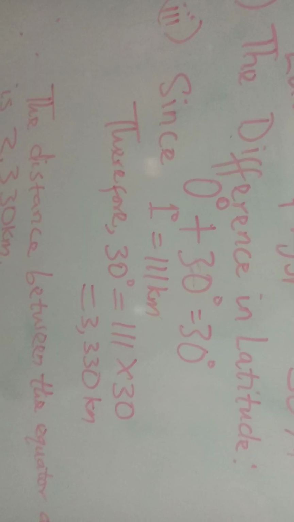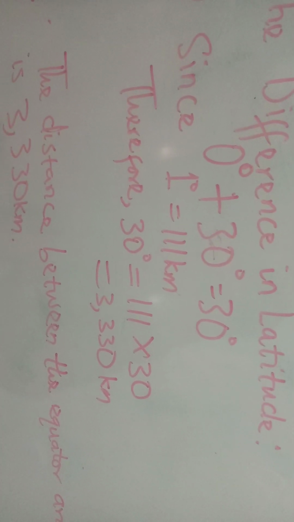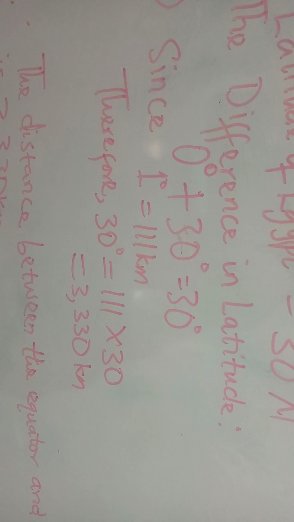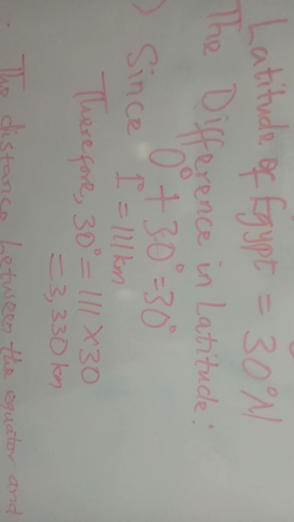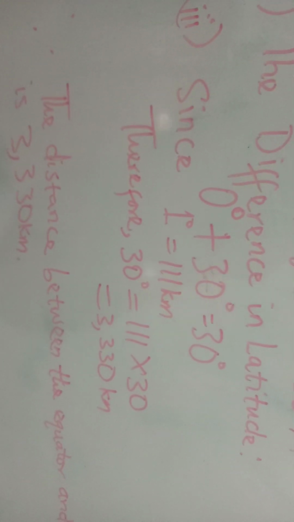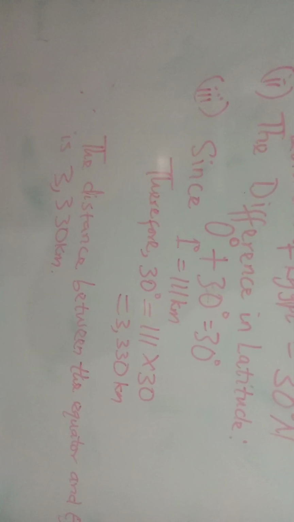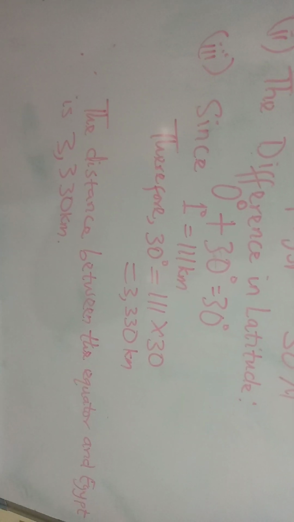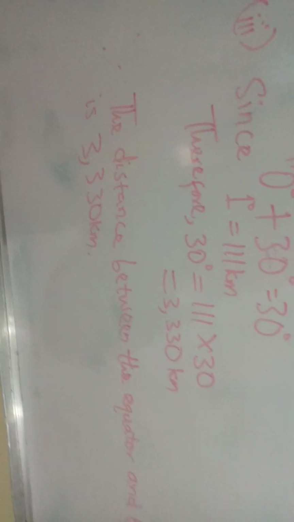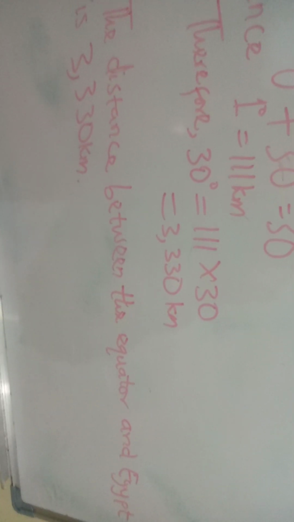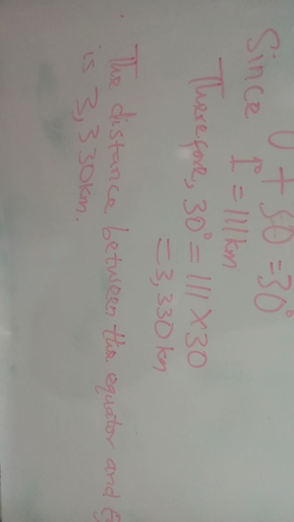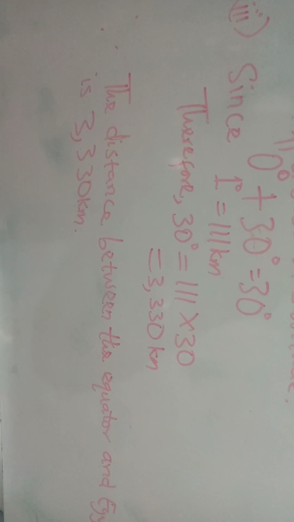And that's why we have 3,330 kilometers. Therefore, the distance between the equator and Egypt is 3,330 kilometers. That is the distance between them.